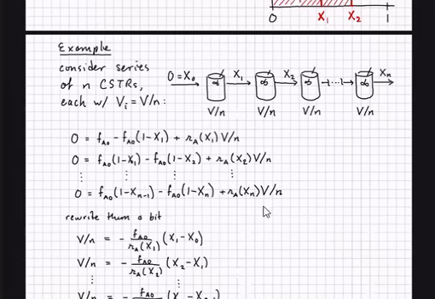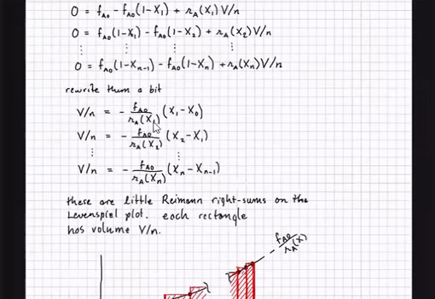So now I'm going to rewrite these, and what I get is that the factor V over N each time, that is the size of the volume of my step down my Levenspiel plot, is going to be this constant volume step, and it's going to be equal to minus FA0 over RA, evaluated at the corresponding level of conversion and multiplied by the change in conversion achieved by that reactor.